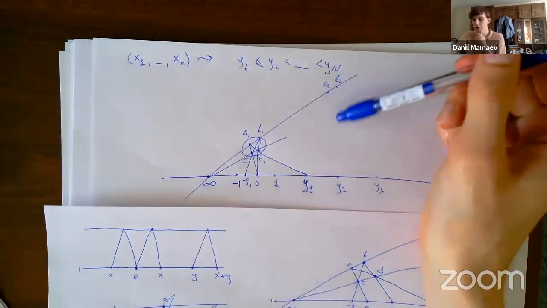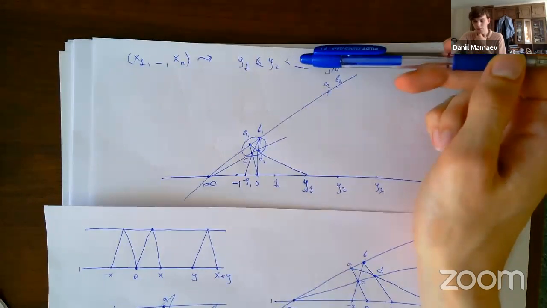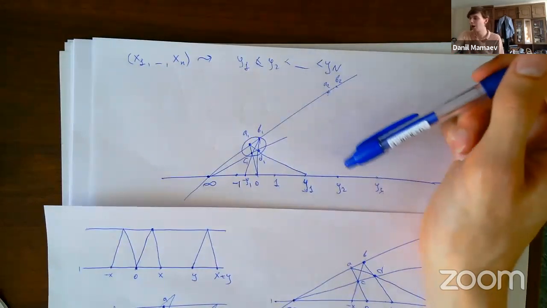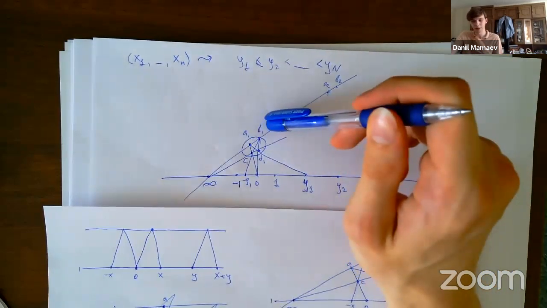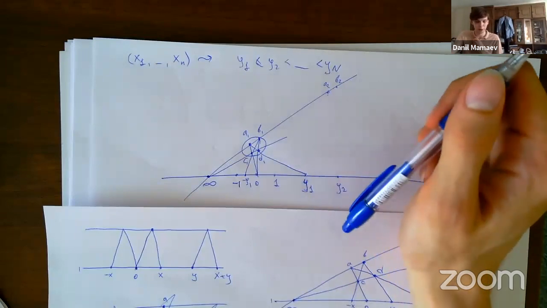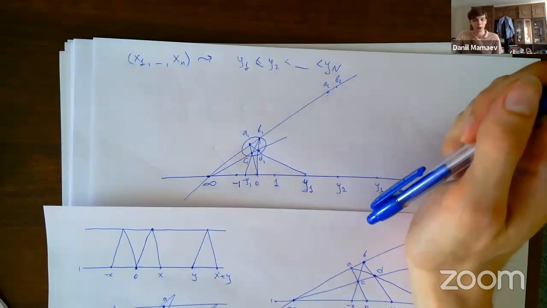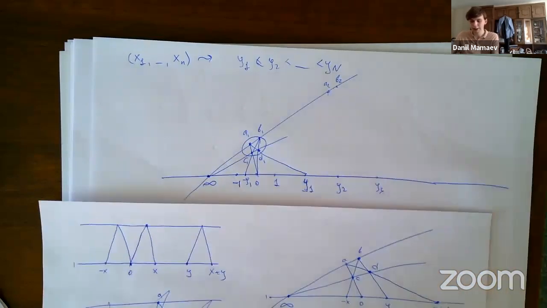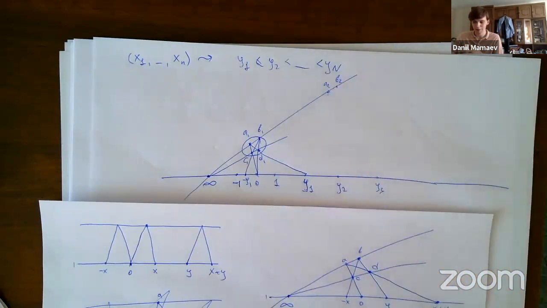So now we need to check what happens. What is our freedom in choosing these A's and B's? Well, our freedom is restricted by some polynomial equations. You want first that they are far away, which means that these lines should intersect before this point.